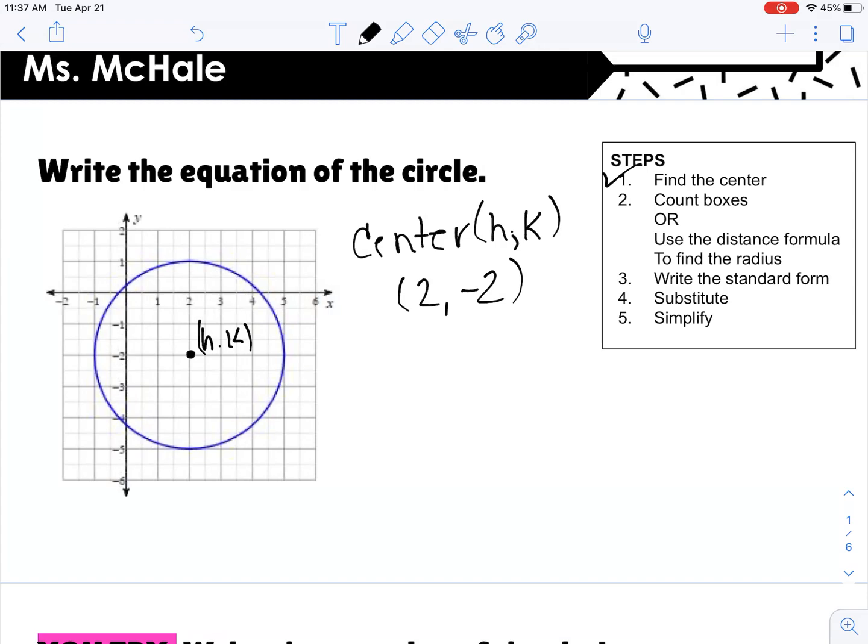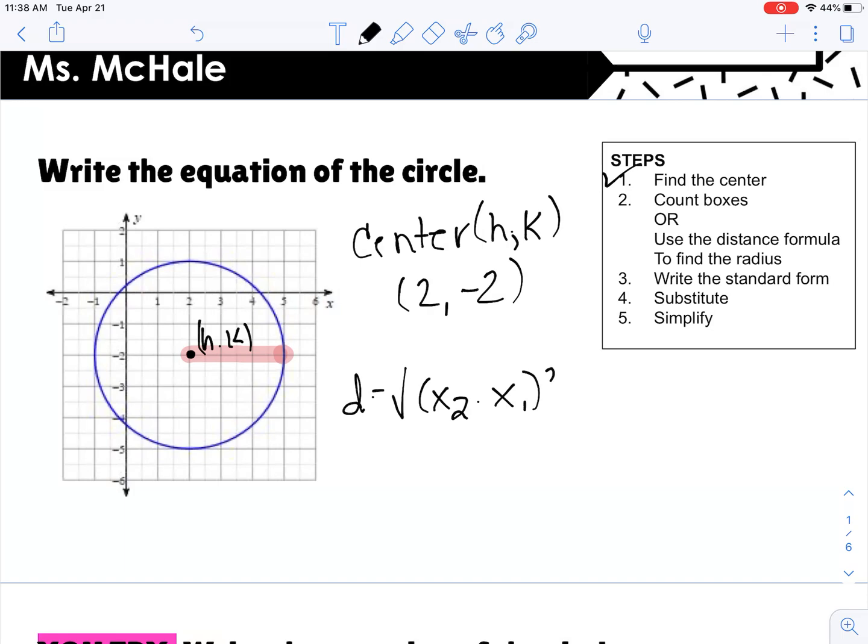You have 2 options. You can either count boxes or use the distance formula to find the radius. Right? So by using the distance formula, you choose a point on the circle. I'm going to choose this right here. We want to find the distance between the center and the point on the circle. So you can either count boxes or you can use the distance formula, right?